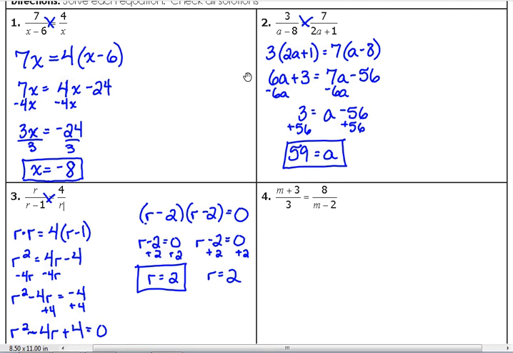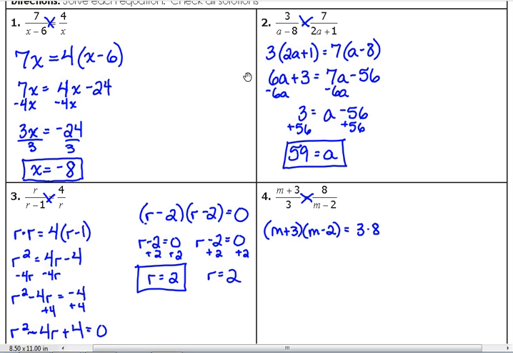Okay, let's do one more like this, and we'll go from there. Cross multiply m plus 3 times m minus 2. Notice both of those have to go in parentheses, is equal to 3 times 8. Now, you can go ahead and write 24 if you want to. I'm just trying to show you where that number came from.